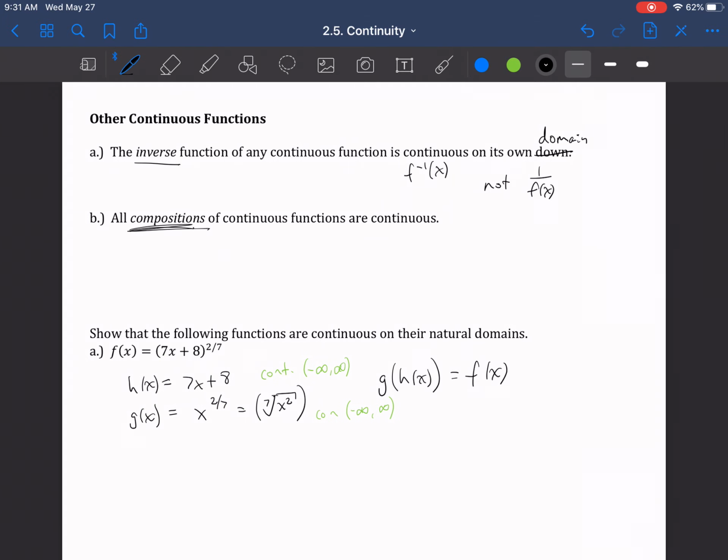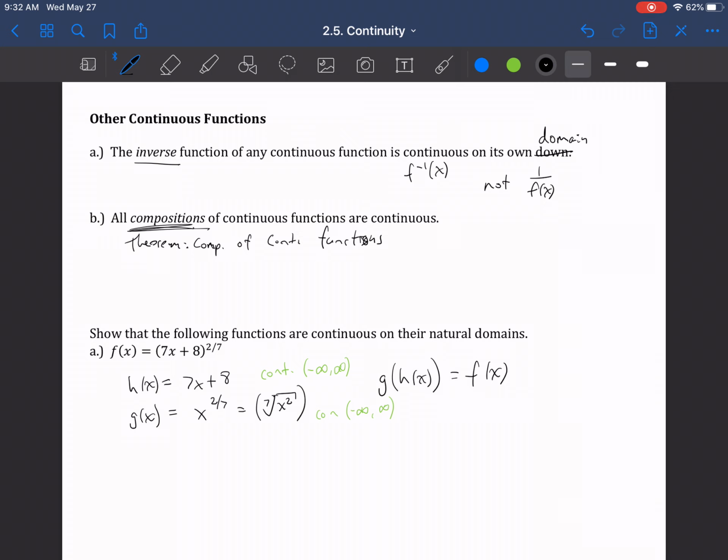All compositions of functions are continuous, and there is an actual theorem for that, and it is the composite of continuous functions theorem.